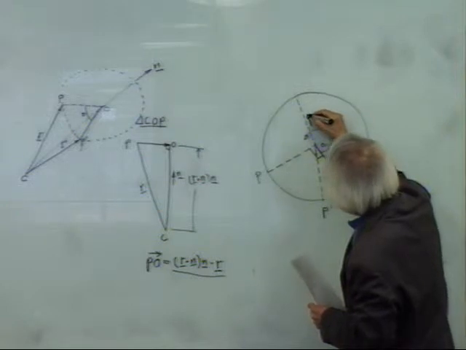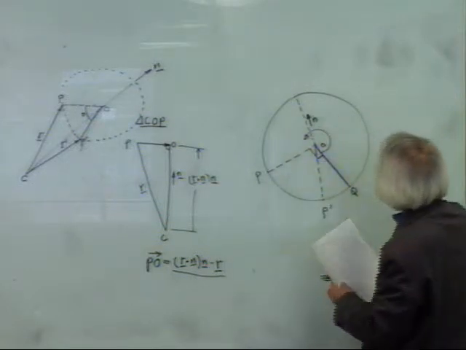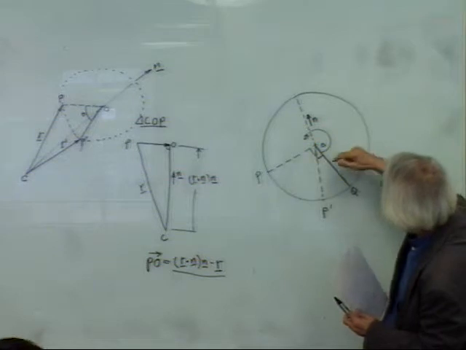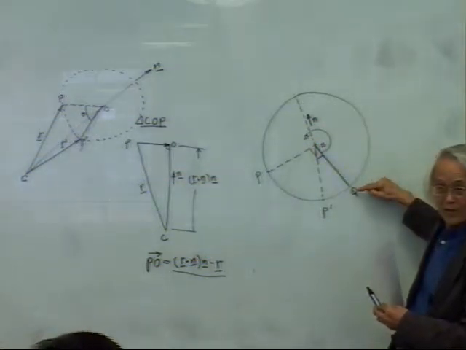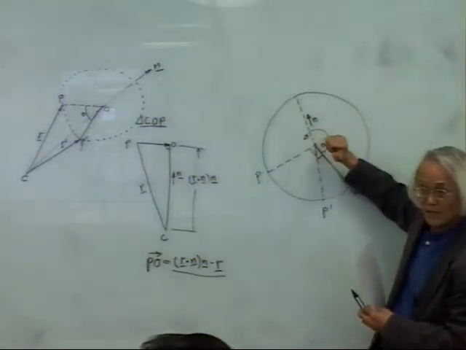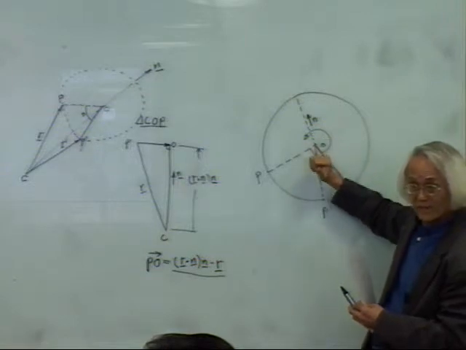It's complicated, isn't it? So if I take N cross P, I will have OQ. N cross P. Right?